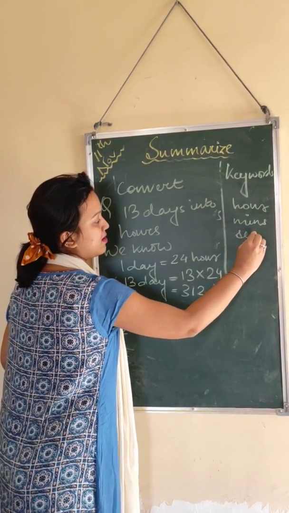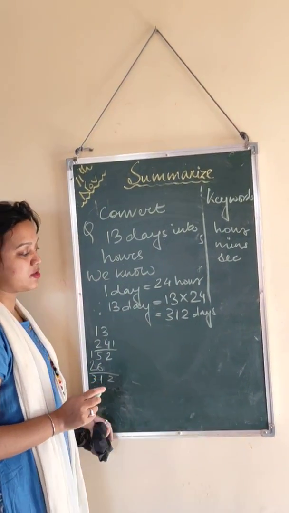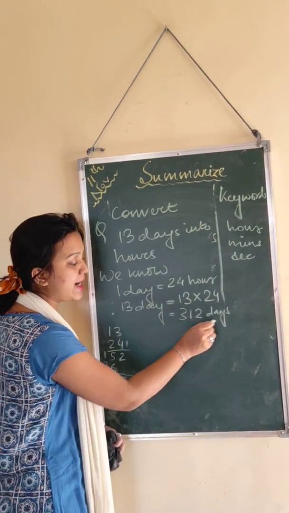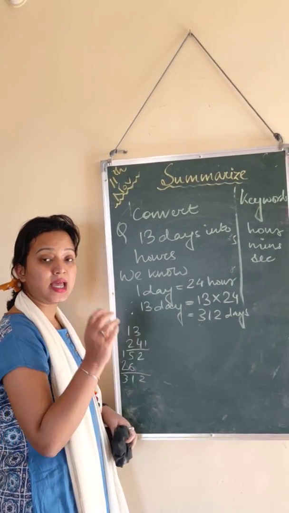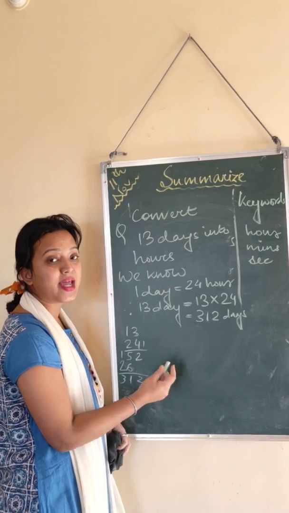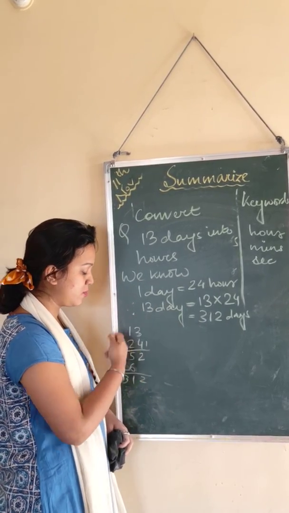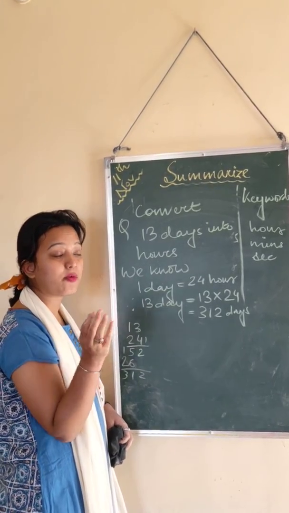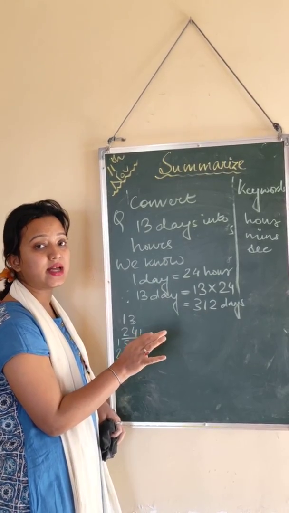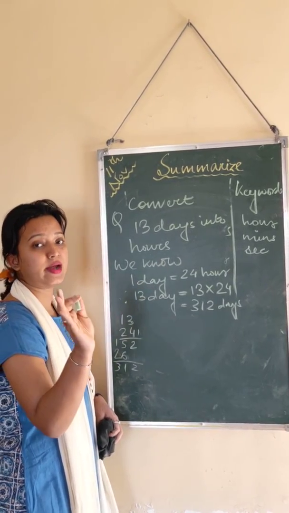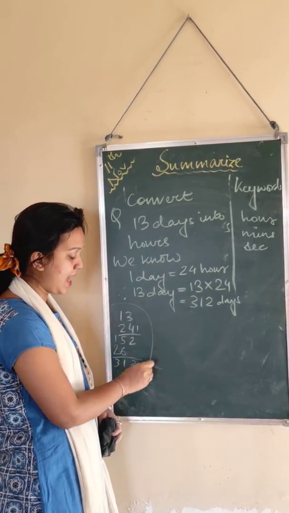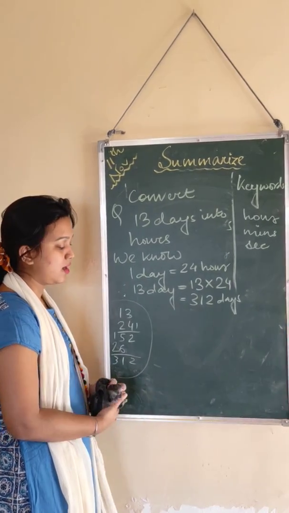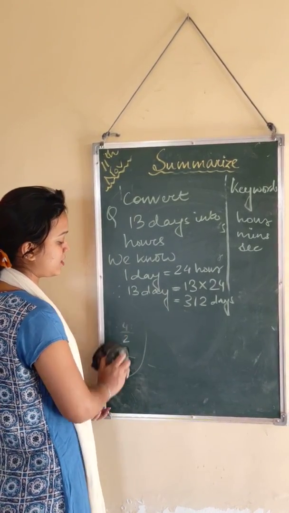So what you are learning here is about hours, minutes, seconds. Correct? Now remember students, in the exam, you cannot directly put 312 if you are doing the multiplication in some other copy and simply writing the answer directly. You are not going to get full marks. Remember, I need to see how you have solved it. You need to show even your calculation part.